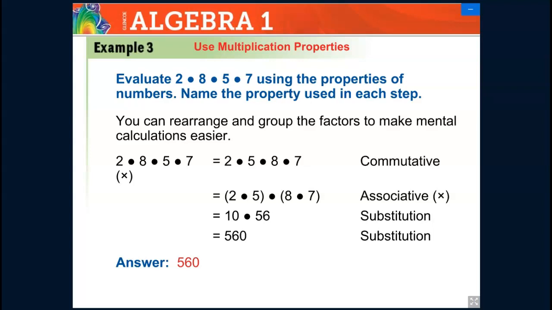So let's talk a little bit about these last examples. So again, you have the commutative property in that first example, and it's with multiplication, because what happened is from here to here, we changed the order. Then we grouped them, so that's associative. You got number answers for what's inside, so that's substitution.